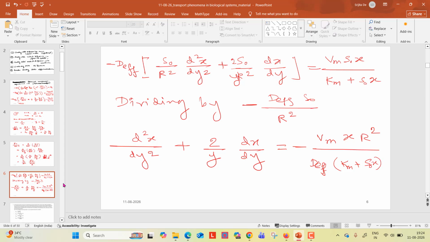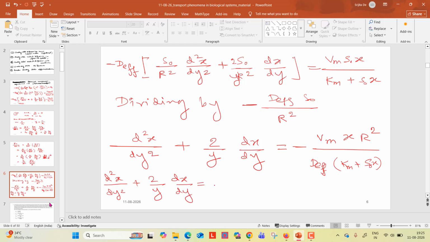Is there any confusion? I hope not. Similarly, you can write the equation the other way: d²x/dy² plus 2 by y dx/dy equals to minus Vm r squared over Df into Km.